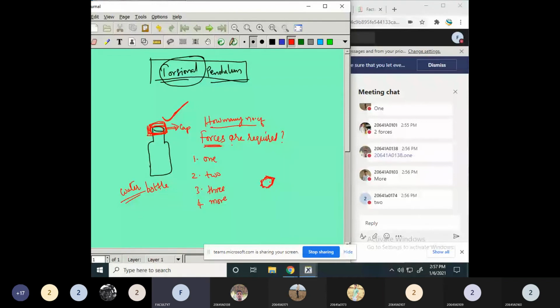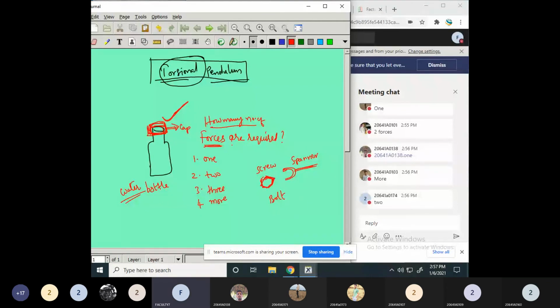Now if you want to remove this particular screw with your spanner, consider this as a spanner. This is a screw, or else the bolt. You can consider anything a bolt, which is fixed inside another object.